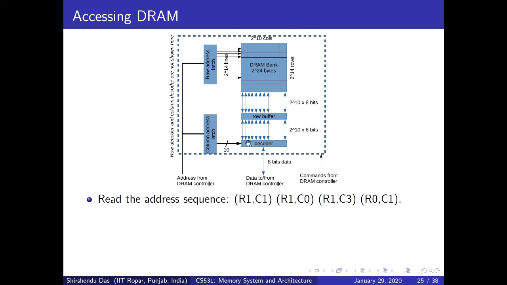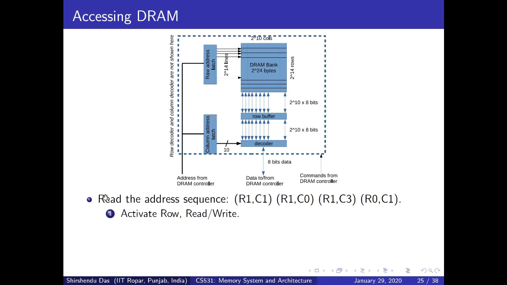and assume that the row buffer is in half VDD mode initially. That means it is pre-charged. So now, if we want to read this content, row number 1, column number 1, the first thing we have to do is activate row number 1, because the row buffer is pre-charged. That means nothing is there. Pre-charged means all the sense amplifiers in the row buffer are in half VDD mode.